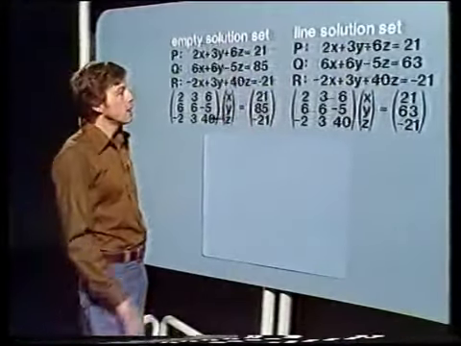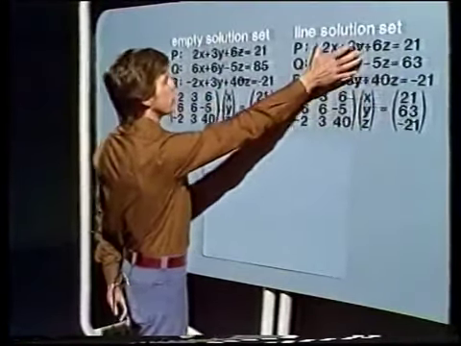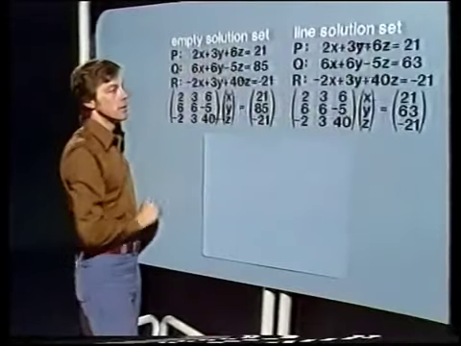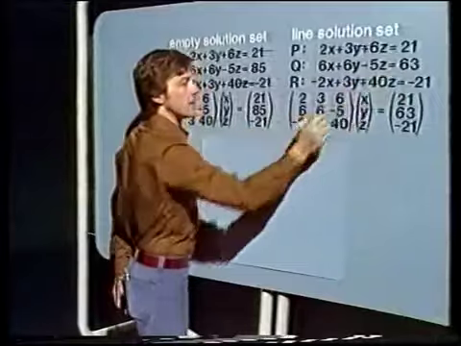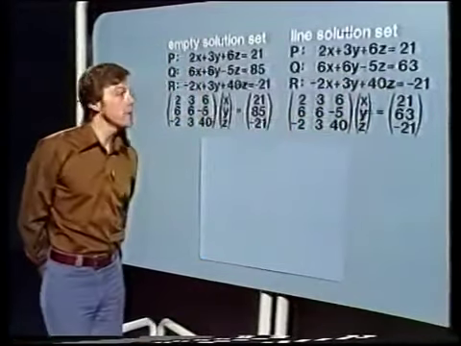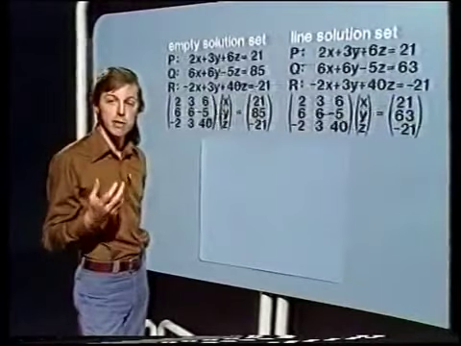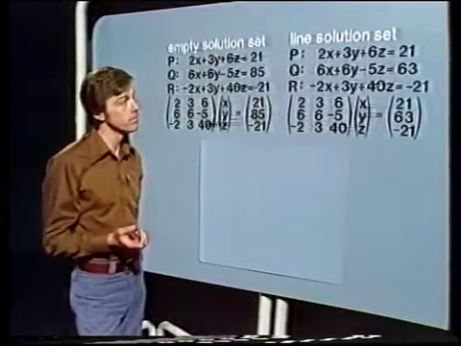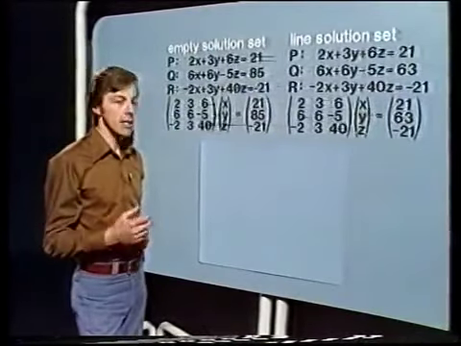We can't tell just by looking at the left-hand sides whether we've got this situation or this one, because the only difference is in this right-hand side here. To distinguish between these two cases, you see, it's no good just looking at the same left-hand side because they've got the same homogeneous form. What you've got to do is to look at the left-hand side and the right-hand side together.